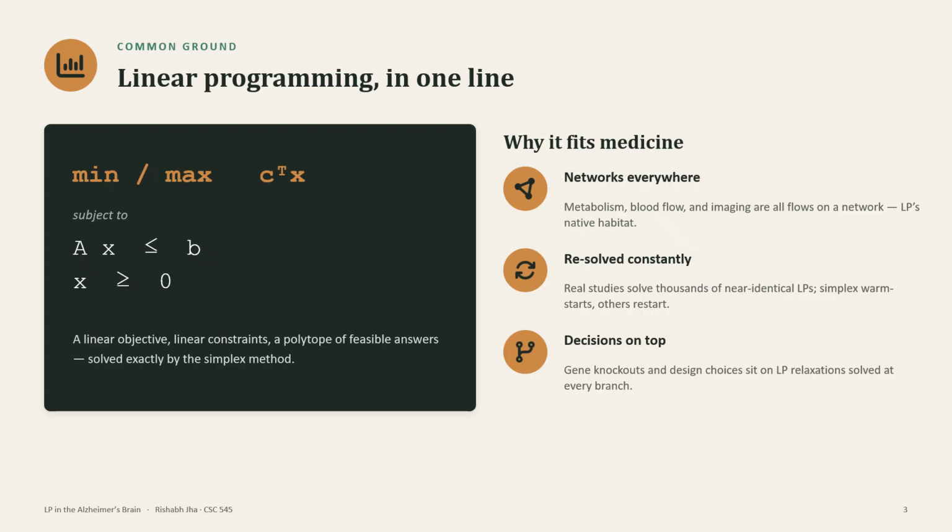Similarly, resolving. Biology never solves one LP. It solves thousands of near identical ones. And cost per resolve is what matters. And also the decision factor. Like we ask a yes no question, or a binary entry, with the LP as the relaxation at every node.